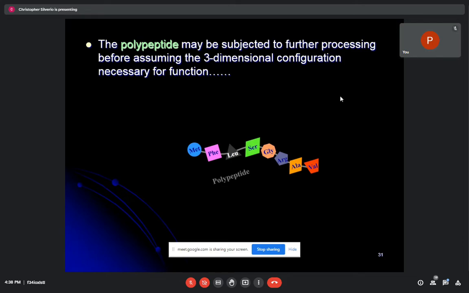Doon ba pinaprocess ang protein sa ribosomes? Joyce, do you know where this protein will be processed and stored? In the endoplasmic reticulum, Doc.